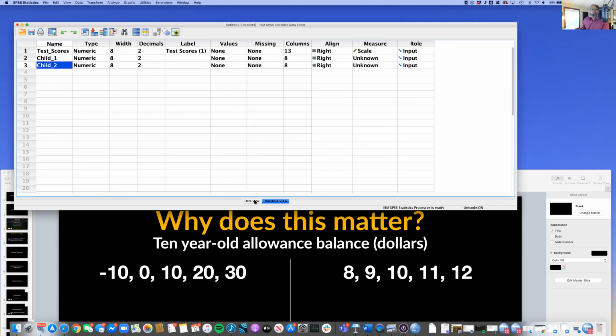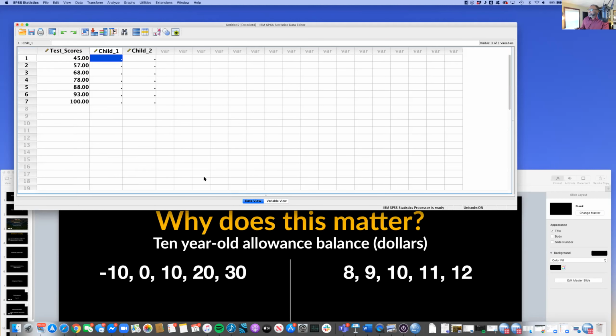All right. So we'll go back over here to data view, and you see these nice columns here that look like they're ready for input. So let's go ahead and put in the first line of data here. We'll go -10, 0, 10, 20, and 30.